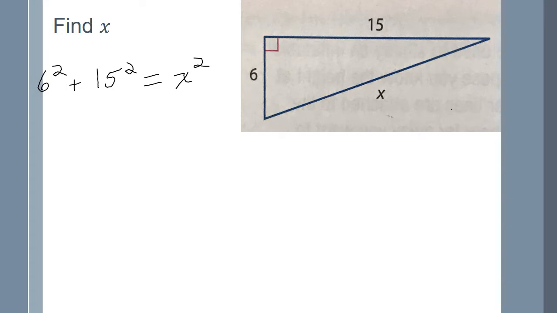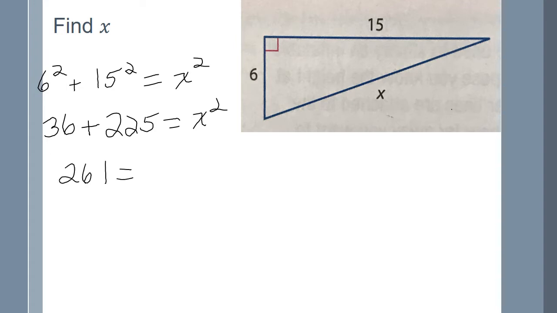But 6 squared is 36, plus 15 squared is 225, and that's going to be equal to x squared. So, using your calculator, 36 plus 225 comes out to 261.